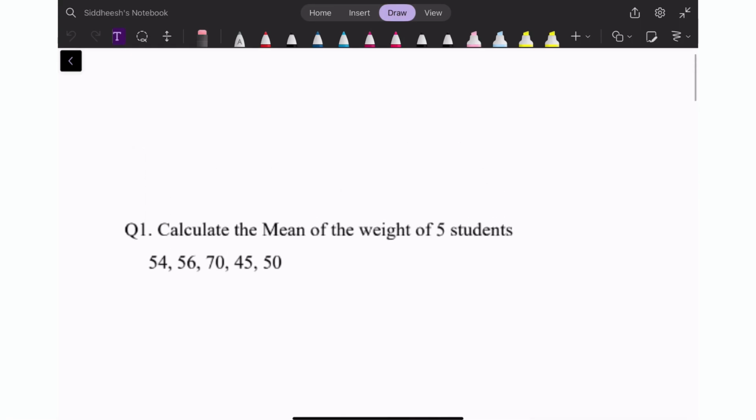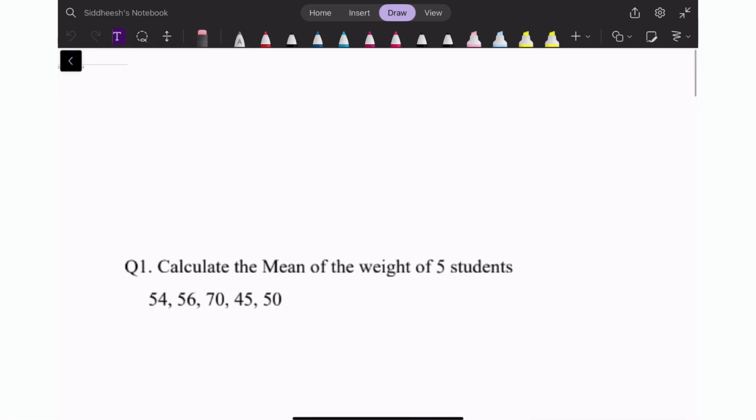Before jumping into the questions, we should know what is mean, mode, and median. The overall term we commonly use is the measure of central tendency. This is defined as a summary measure that attempts to describe a whole set of data with a single value that represents the middle of the distribution.